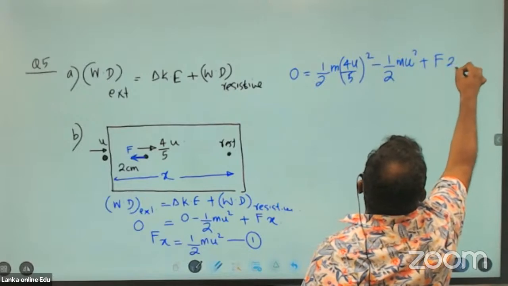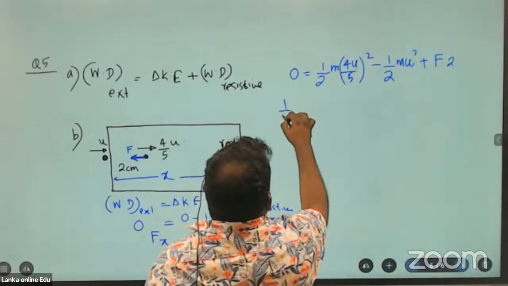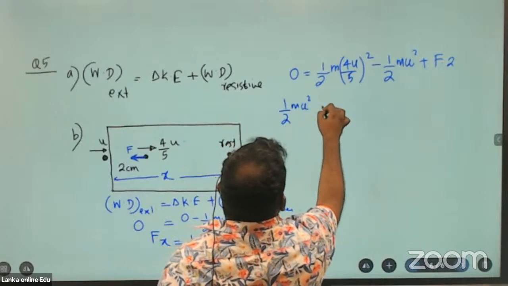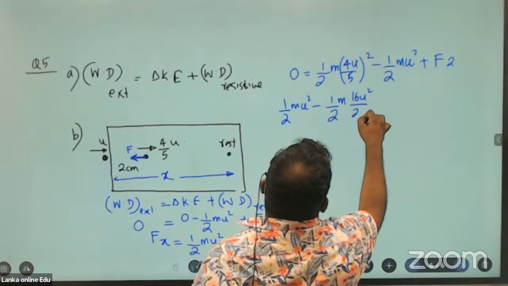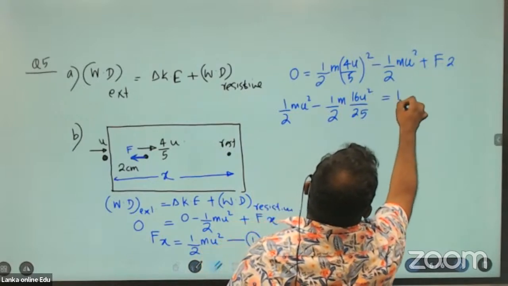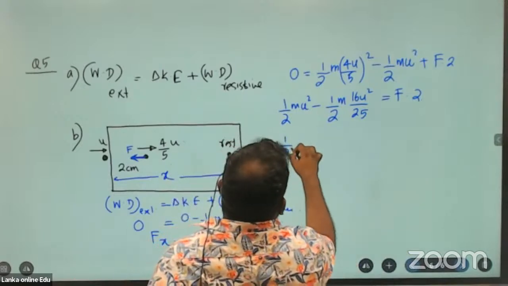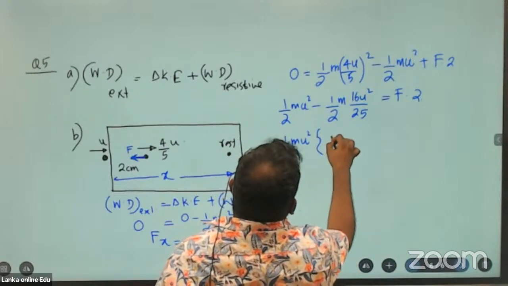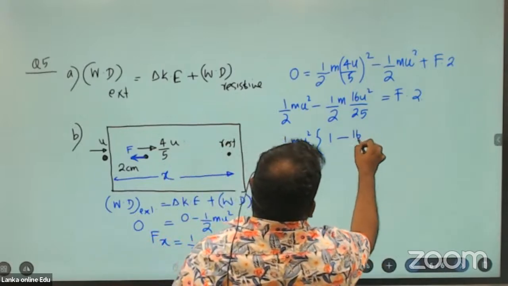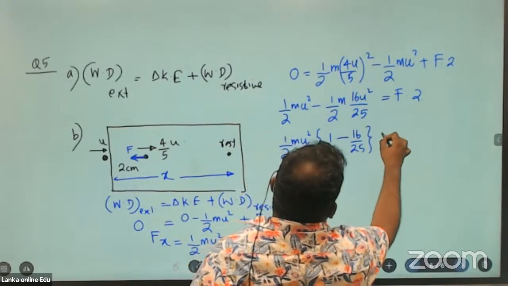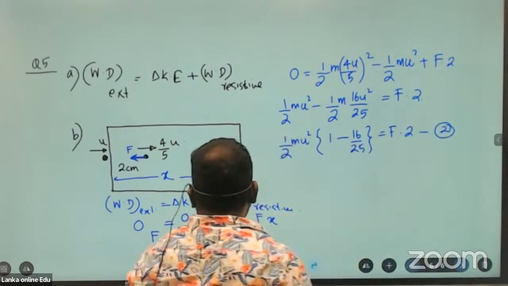Work done by resistive force over 2 centimeters: half m u squared, 16 over 25, F times 2. Equation number 2.